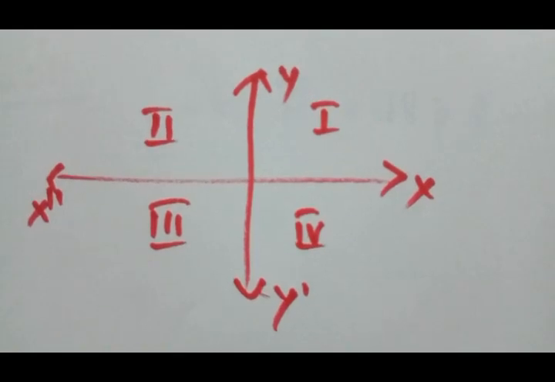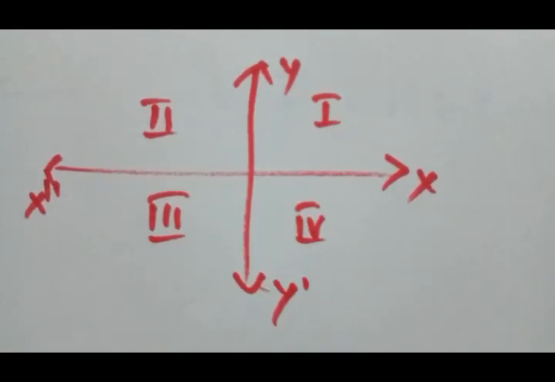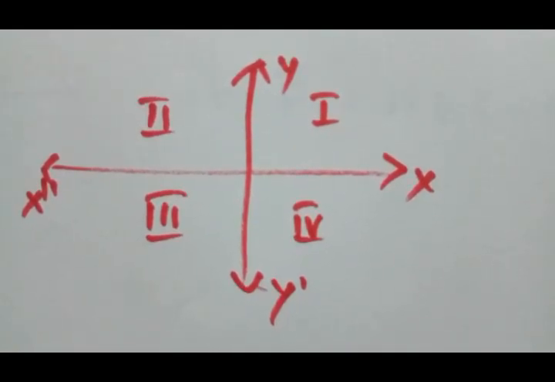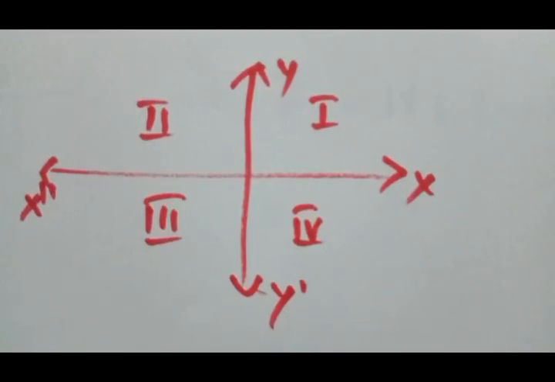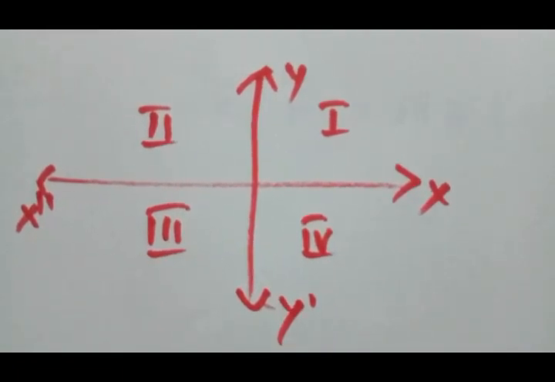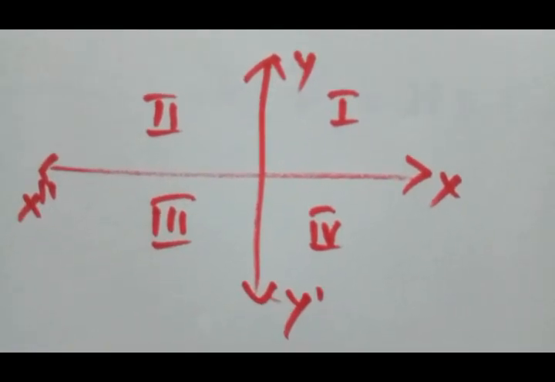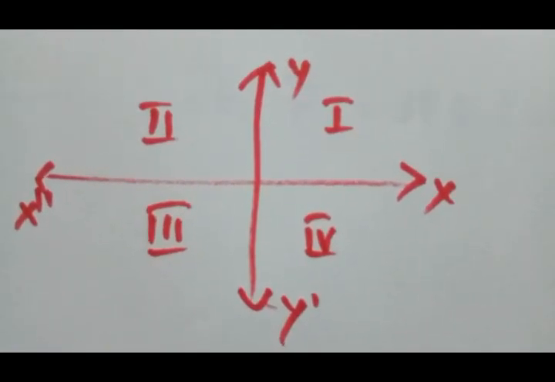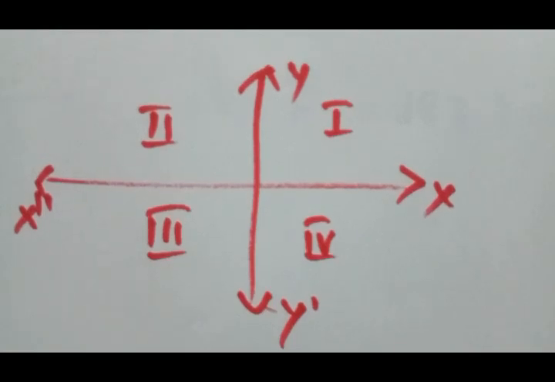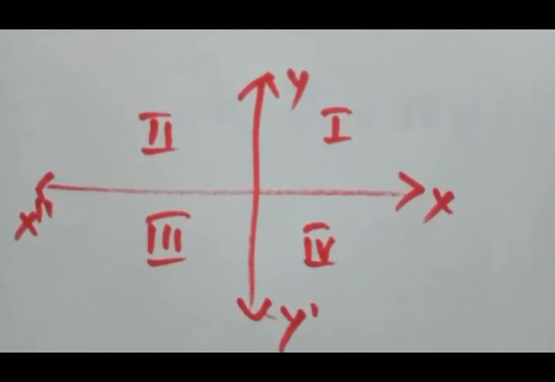First octant means in the three-dimensional x, y, and z axis, we consider only positive x-axis, positive y-axis, and positive z-axis. In this first octant, whatever part of the given plane is there, we take that part of the plane as the surface of our problem.